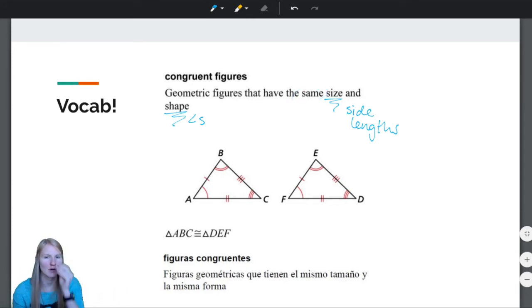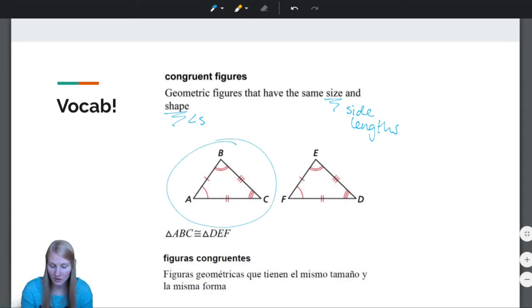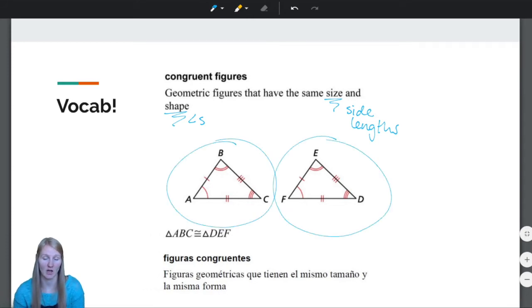So remember that congruent figures have the same angles and the same sides. The angles are congruent, and the side lengths are the same, or the sides are congruent.